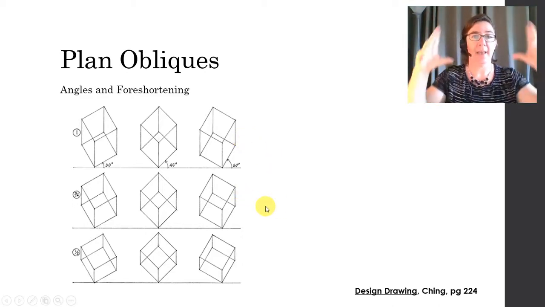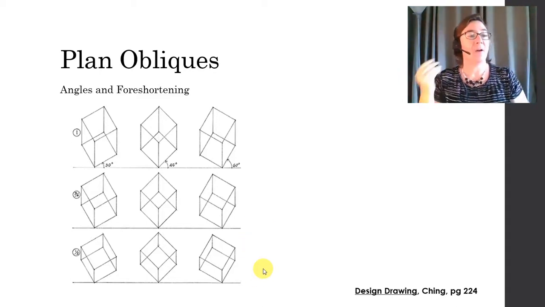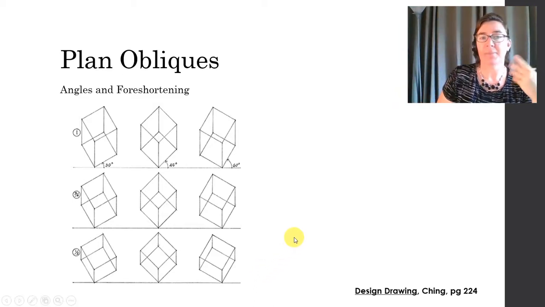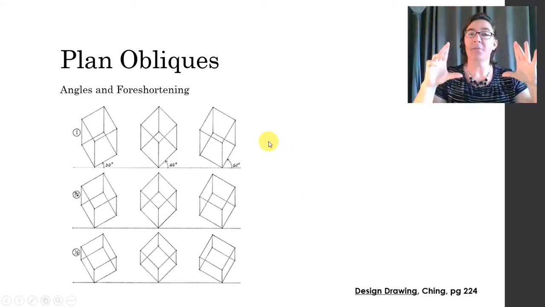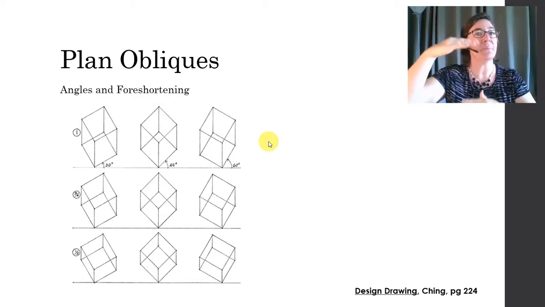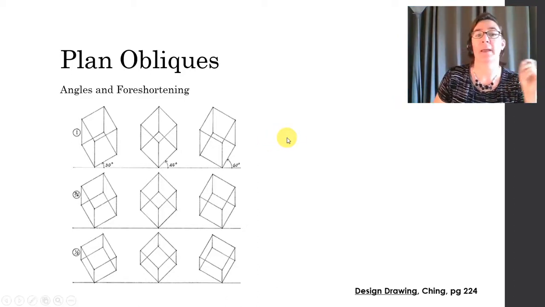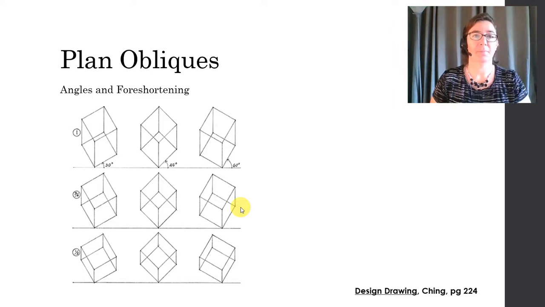The next row has 3/4 or 75%, and the bottom one has 1/2 or 50%. You can really see that if this truly is a cube, the 100% vertical scale gives a little bit of exaggeration visually to that vertical dimension. And that's why many designers choose to reduce the scale in the vertical dimension.